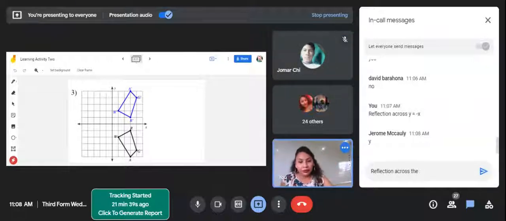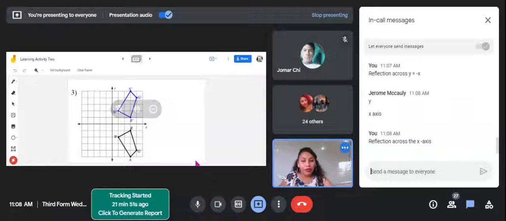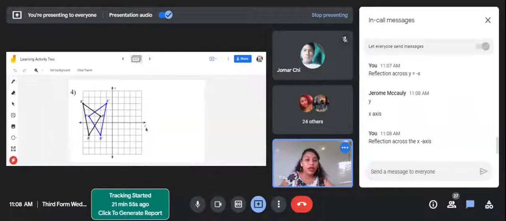Across what line? Across the x-axis. Very good, Jerome. Across the x-axis, and that will be your response: reflection across the x-axis.